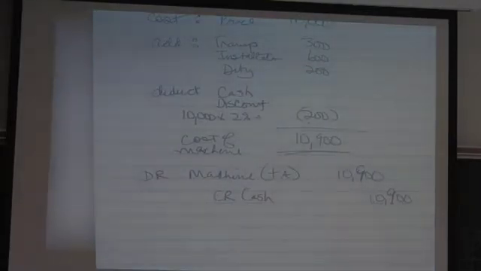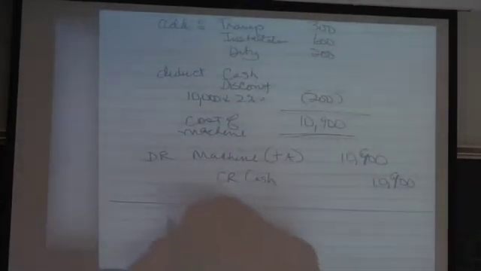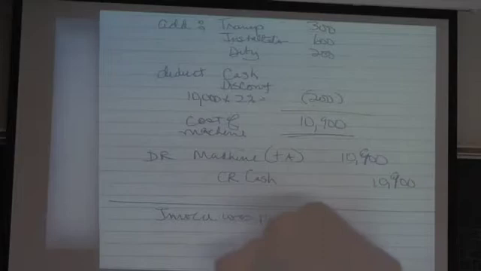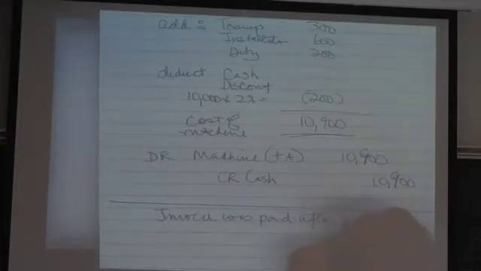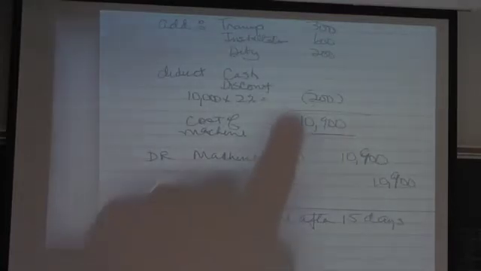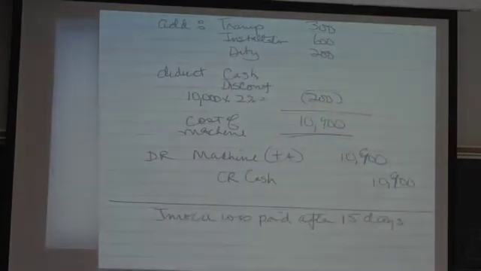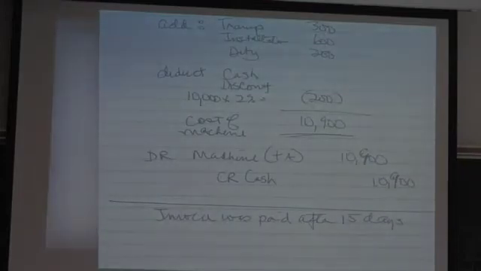Now, let's assume that the machinery was paid after the 15 days. This means that the company wouldn't have qualified for the discount. So in other words, this 2% discount, they would not have qualified for it. That means that they would have had to pay the invoice price, which is $10,000.